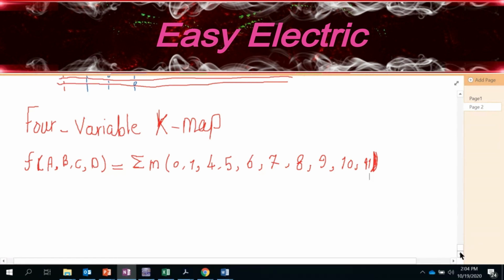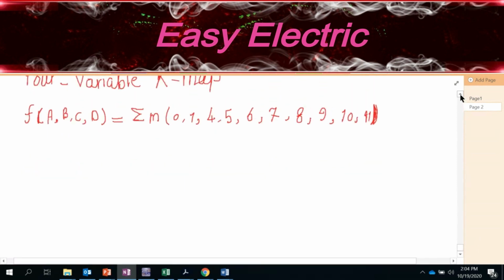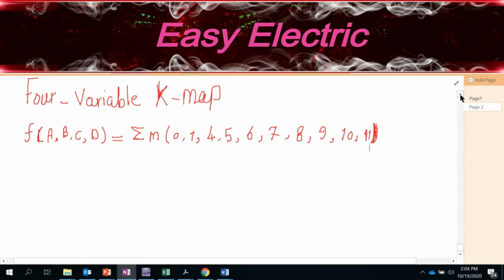Before I start, somehow you could guess how many squares the K-map should have. Whenever we had a function with 2 variables, the K-map had 4 squares, right? Here, whenever you have 4 variables, what you expect to see is a map with 2 to the power 4, or 16 squares inside that.